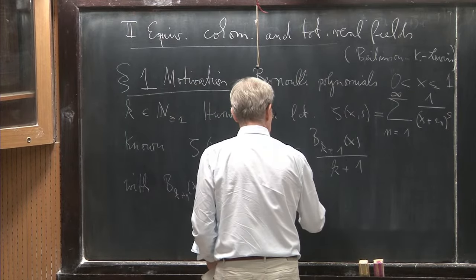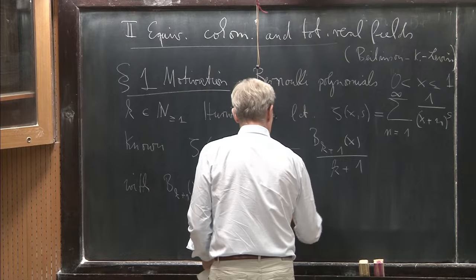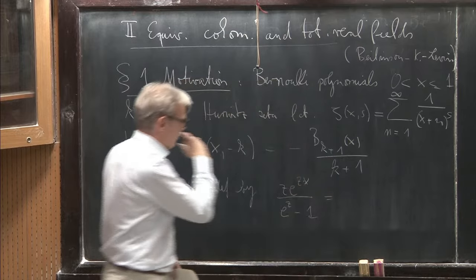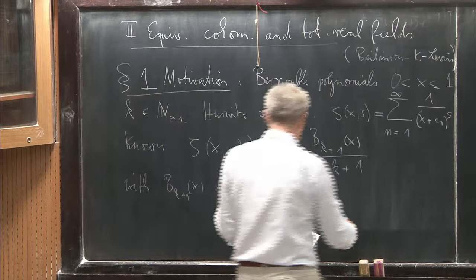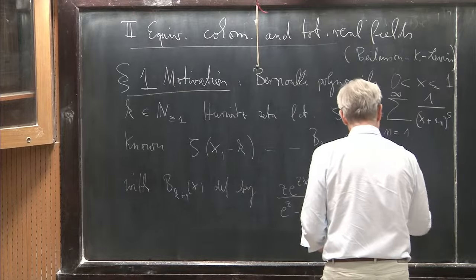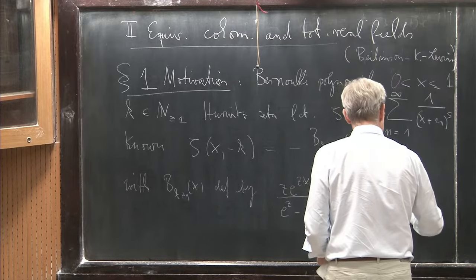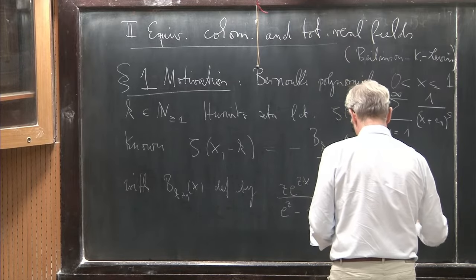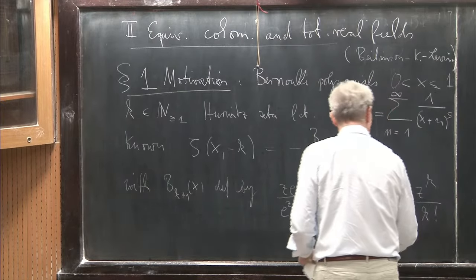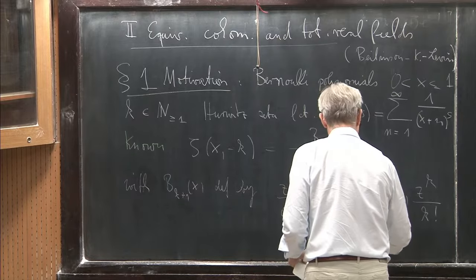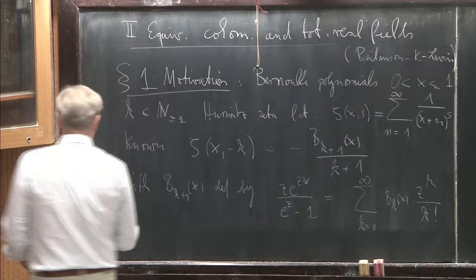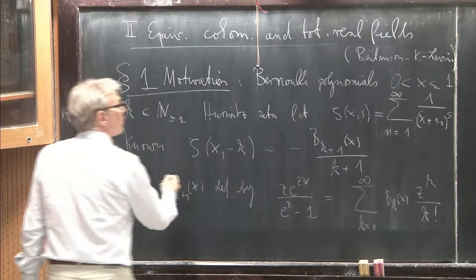Take z e to the zx divided by e to the z minus 1, and you develop this into a power series in z. What you get are polynomial coefficients in x, and these are called the Bernoulli polynomials, divided by k factorial, and this runs from k equals 0 to infinity.